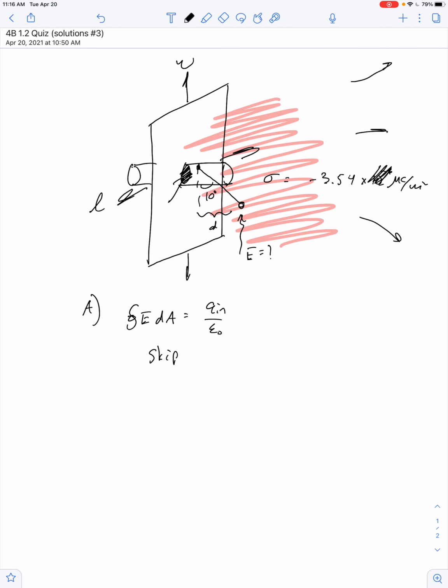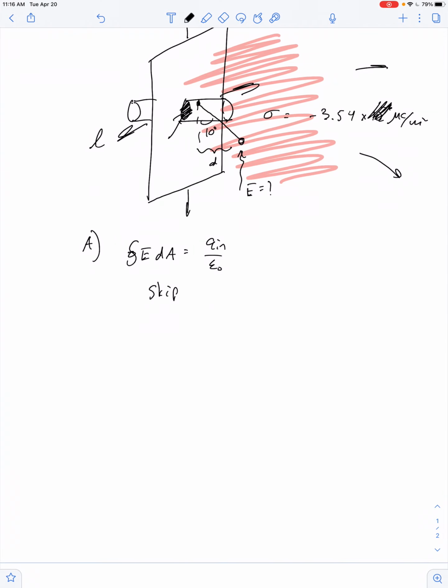Now I'll skip a couple of steps here. If you need to review each step, I encourage you to do so. But you probably remember that in this case the electric field is just sigma, the charge density, divided by 2 epsilon naught. This 2 has something to do with the fact that there's flux through that end and flux through this end.